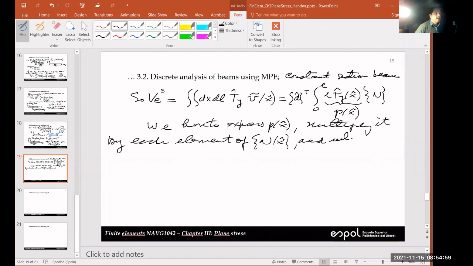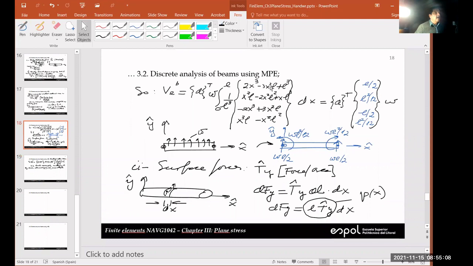Remember, these are polynomials, so it's easy to integrate. We have to be careful because there are several terms. That's the only complexity.